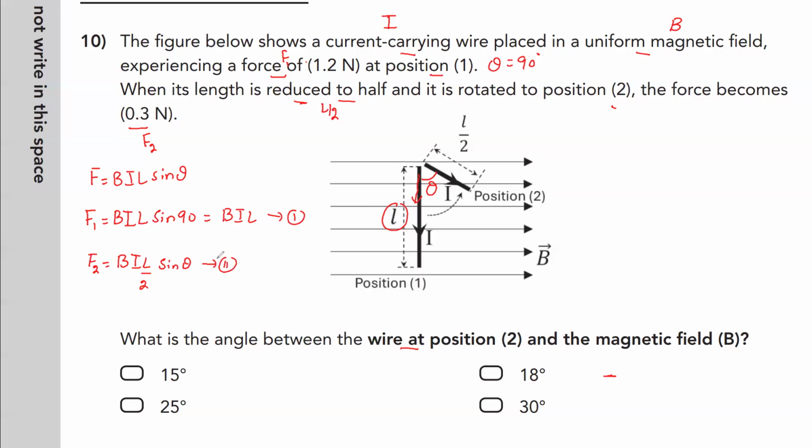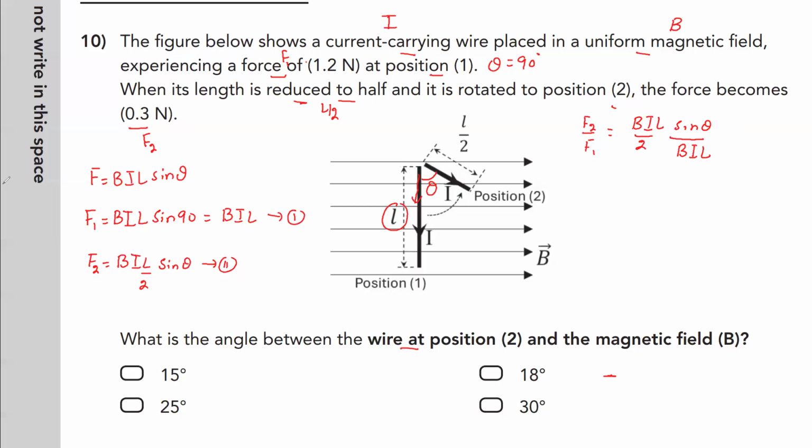After finding this, you just divide equation 2 by equation 1. So F2 divided by F1 is equal to, here F2 is BIL by 2 sine of theta, divided by the value of F1, which is BIL.